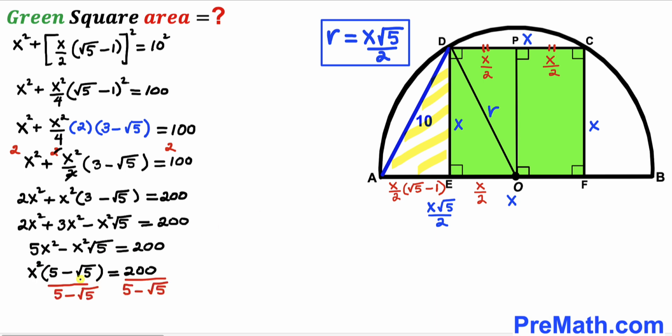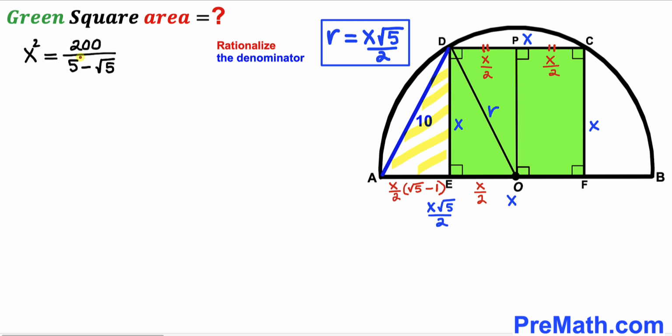In this next step, I am going to divide both sides by 5 minus square root of 5. We can see this cancels out. So our x square value turns out to be 200 divided by 5 minus square root of 5.